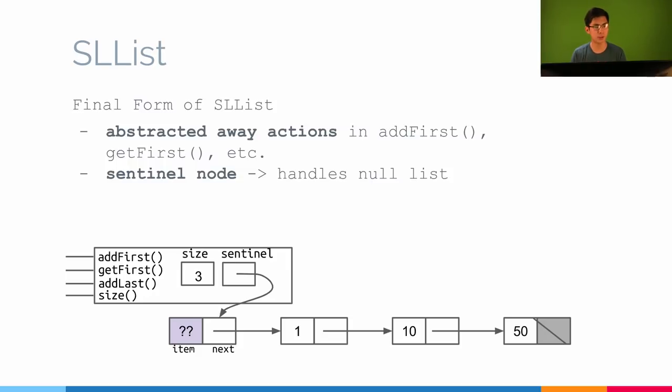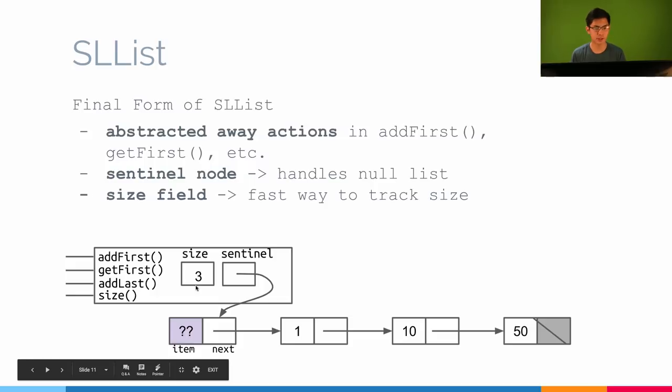One thing to note about the sentinel is that it's just a placeholder, so the value within the sentinel node doesn't matter. That's why we've indicated it with question marks. Also, you'll notice that the sentinel node doesn't count toward size. There are 4 nodes in total, but because one of them is a sentinel node, our size is only 3.